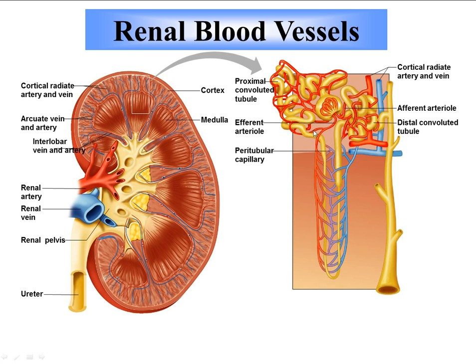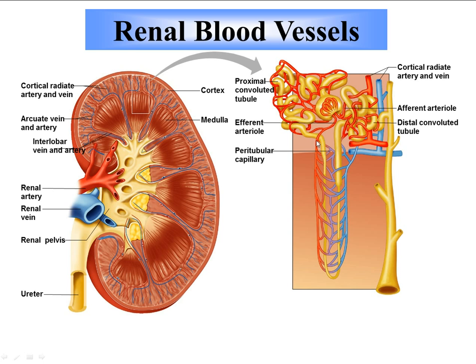It'll branch off and go into two different directions. It will continue on so that you have a blood supply and passing of materials between the bloodstream and the tubules through these arterioles that go in through all these tubules.